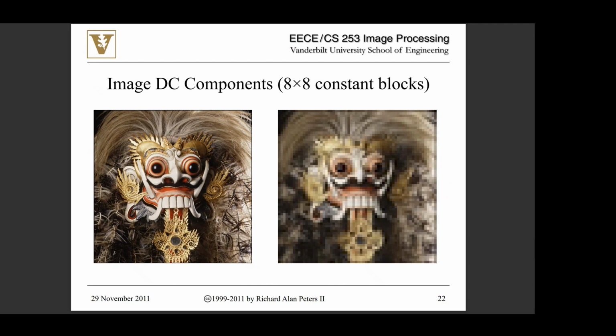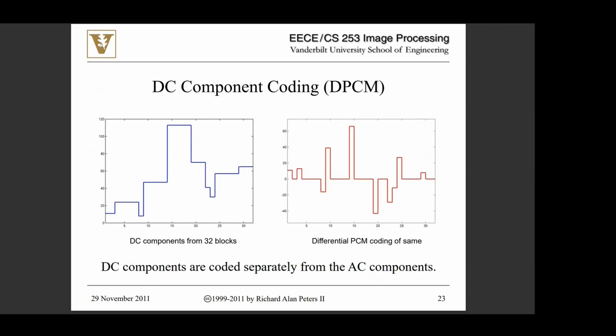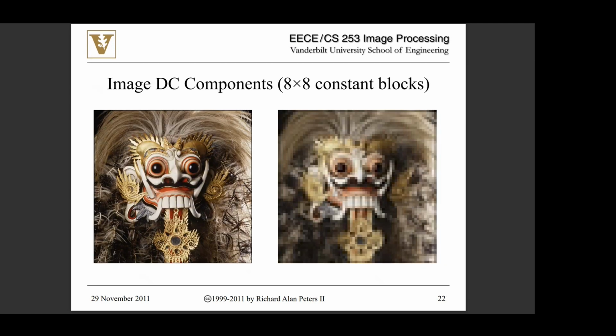Yeah, just to show that even if we do a huge compression, still we can see something. So in the next slides, we will not be so harsh. But if we are very harsh, still we can see a little bit what the image looks like.